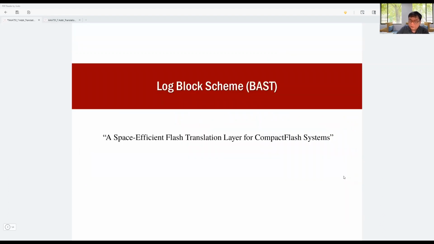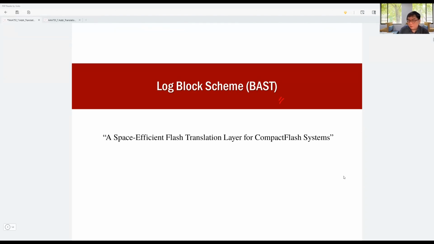And in order to handle the disadvantage of the block mapping mechanism, some hybrid mapping mechanisms are presented. In the previous class we learned about the log block scheme.